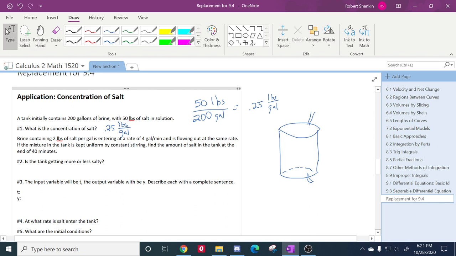All right, so question number 2, though. Is the tank getting more or less salty as time goes on? So think about that for a moment before you type anything into your group chat. You can type it up, but don't hit enter. So you might be typing up what you think your possible answer is and why.